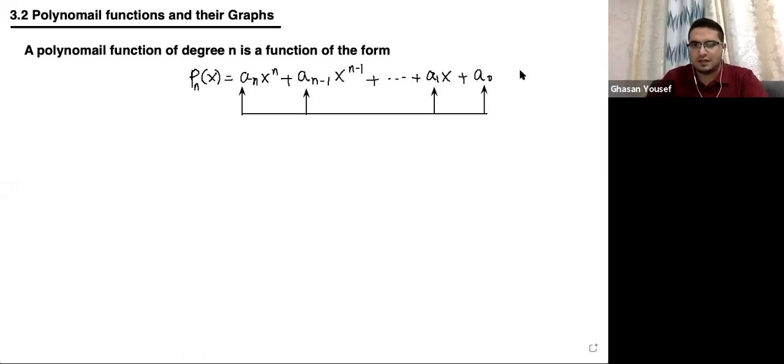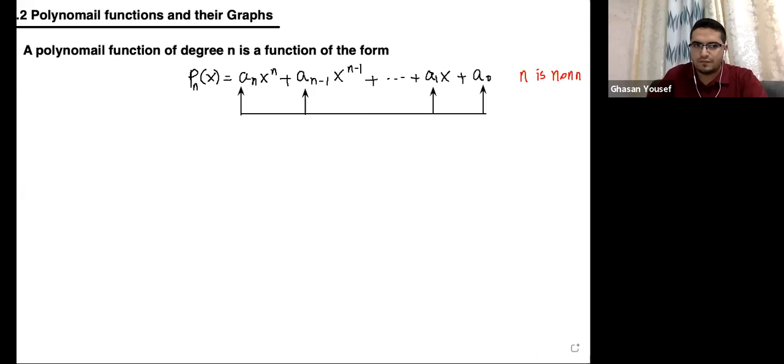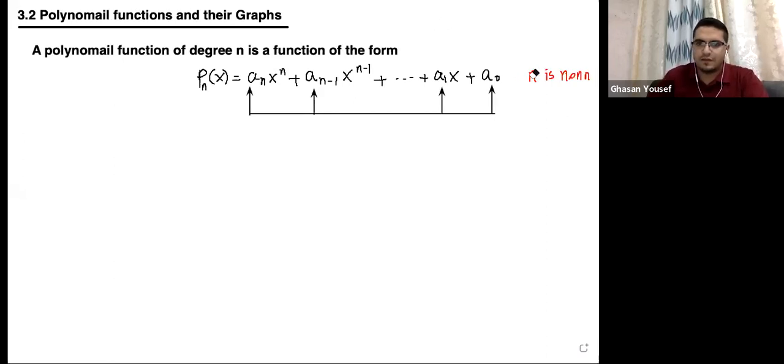So we have two conditions. n is non-negative, so this n is a non-negative integer. Also, we have to know a_n here is not equal to 0.